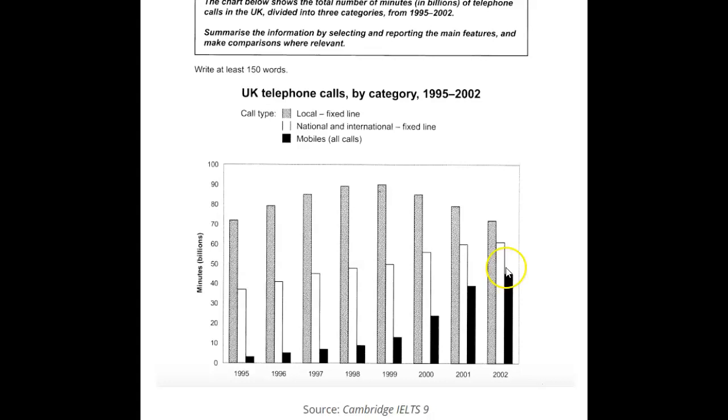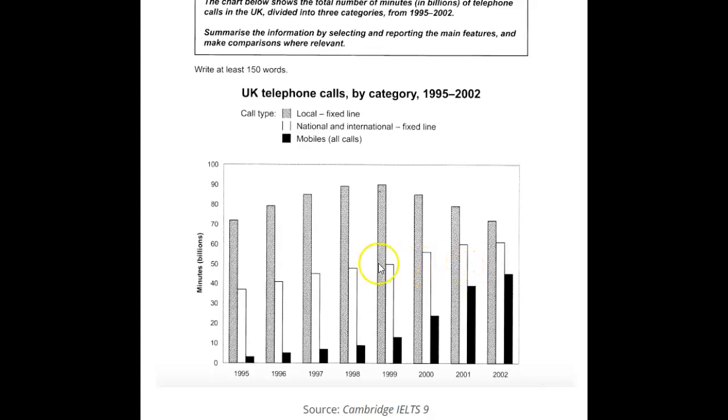Okay, and then this is the kind of thing where you might want to add a conclusion here at the end. You don't need to write a conclusion, but I do think that some diagrams actually beg for one.